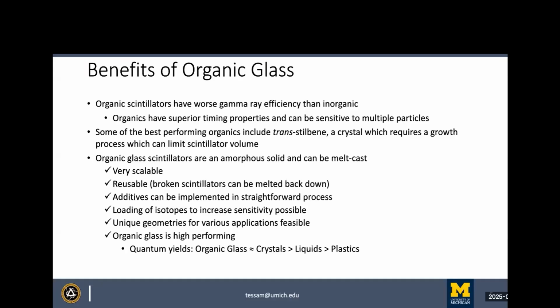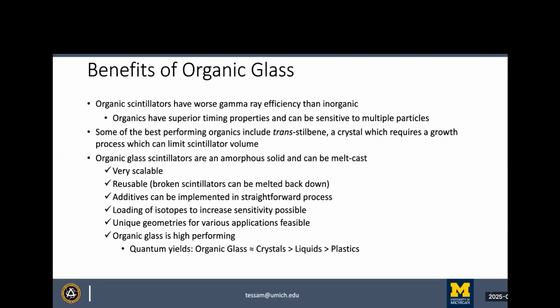Organic glass scintillators, on the other hand, are an amorphous solid and are much easier to cast by just melting it down and cooling it. That means it is very scalable, reusable, amenable to additives. It's pretty straightforward to just mix the additives into the melts.